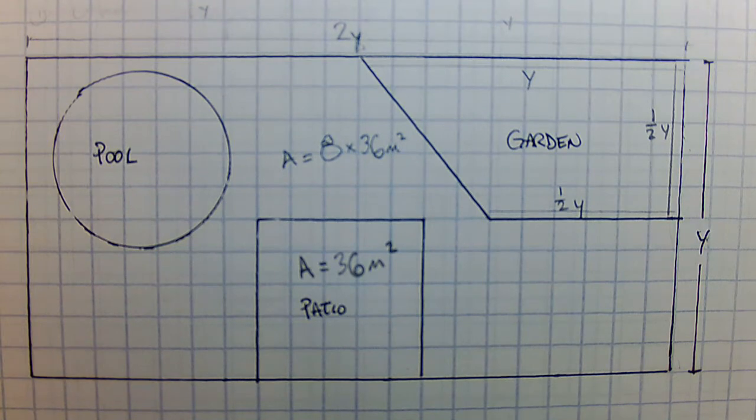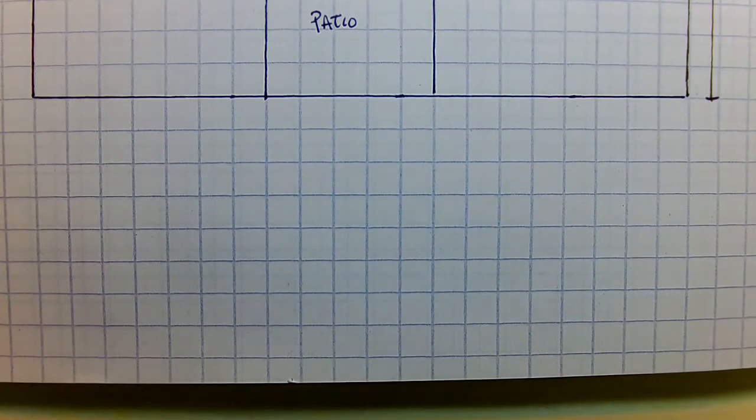So let's take a look at the formula for area of a trapezoid and then plug in the numbers that we know. So let's look at the area of a trapezoid formula. And we can find that on page 22 in the workbook. And it tells us that the area of a trapezoid is equal to the large base plus the small base multiplied by the height, and that is all divided by 2.